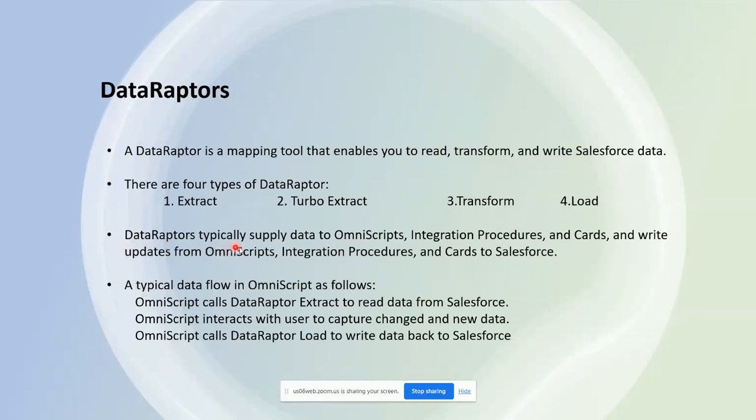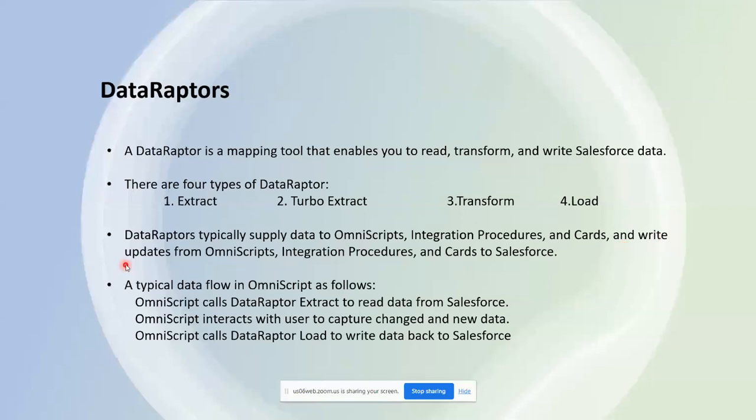Data raptors typically supply data to OmniScripts, integration procedures, and cards. For example, if I want to show some information on the card, I want to fetch the data from the Salesforce. In that scenario, I need to use a data raptor and bind that data raptor with the card, so that it can communicate with the card and show the data.